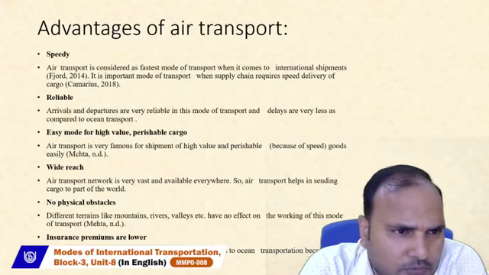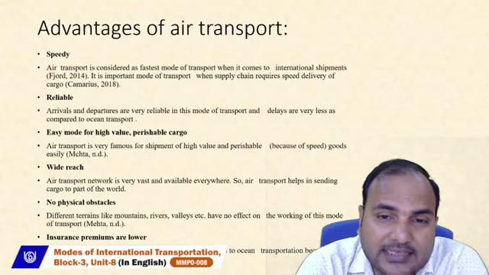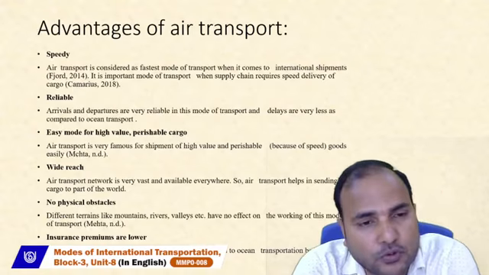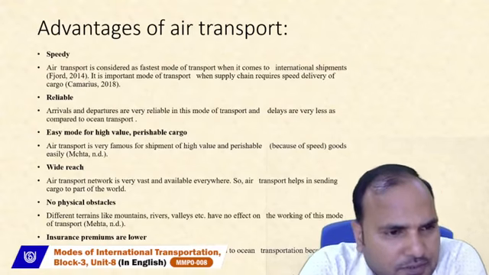Second is reliable. Arrivals and departures are very reliable in this mode of transport, and delays are very few as compared to ocean transport. It is an easy mode for high value and perishable cargo.